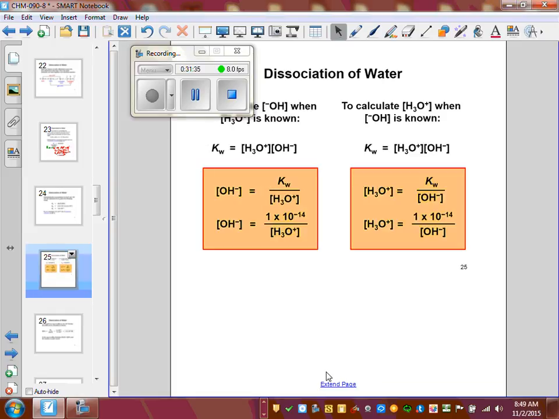So if I say the OH minus concentration is equal to 1.0 times 10 to the minus 8, what is the H3O plus concentration? You tell me.